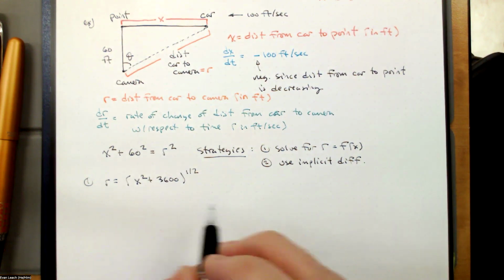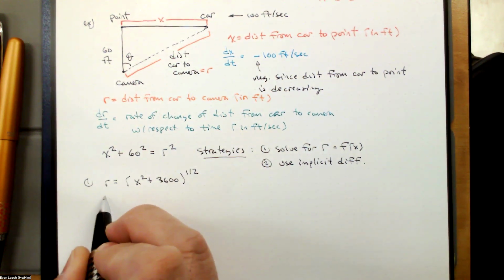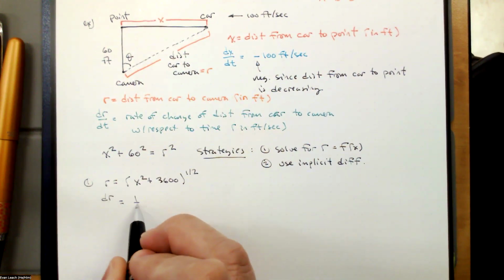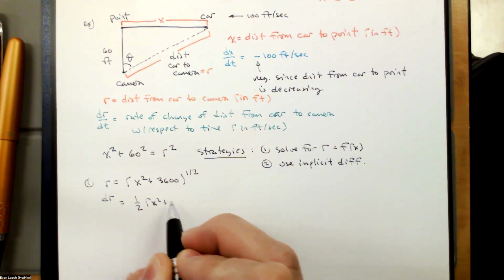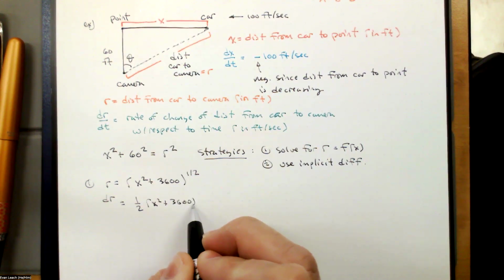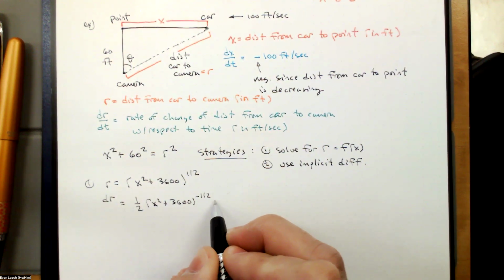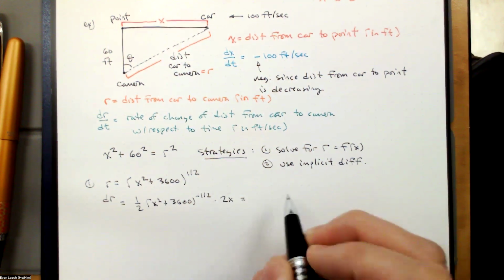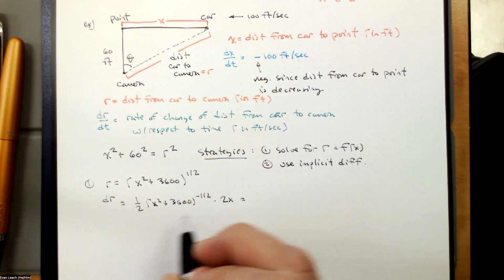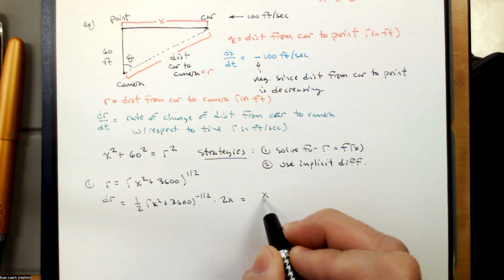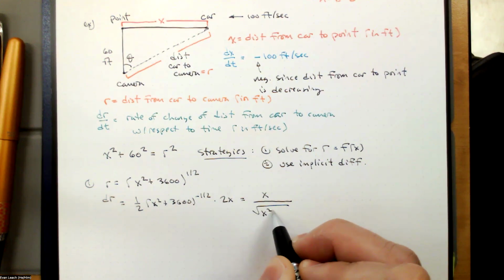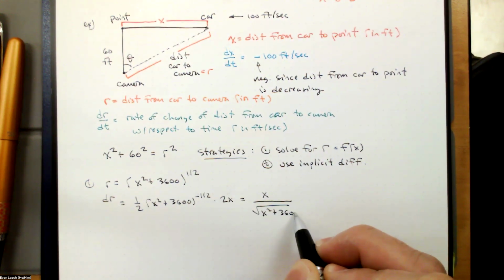So when we use our derivative rules, if we find r prime, that'll be 1/2 times x squared plus 3600 to the negative 1/2 times the derivative of the inside, which is 2x. The 2 and the half will cancel out, and I'll have x over the square root of x squared plus 3600.